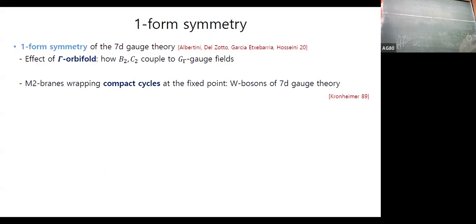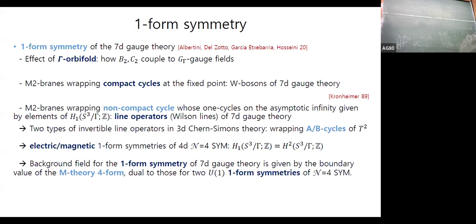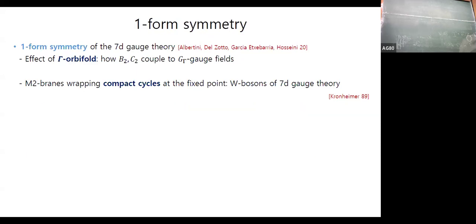And you now want to understand this one-form symmetry from the 7D gauge theory, focusing on the effect of gamma orbifold. And you know that M2 branes wrapping compact cycles at the fixed point will give you W bosons of 7D gauge theory. M2 branes wrapping compact cycles at the fixed point, yes, will give you W bosons of 7D gauge theory.